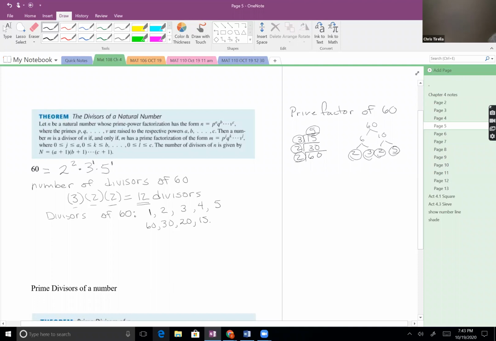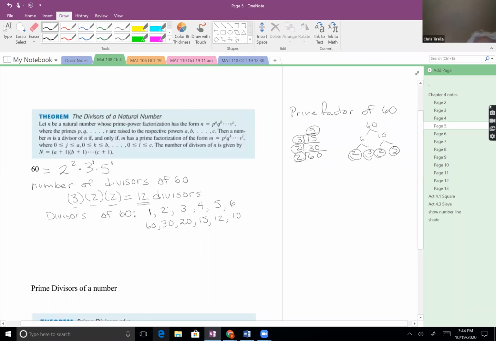Does 5 go into 60? 12 times. Does 6 go into 60? How many? 10 times.